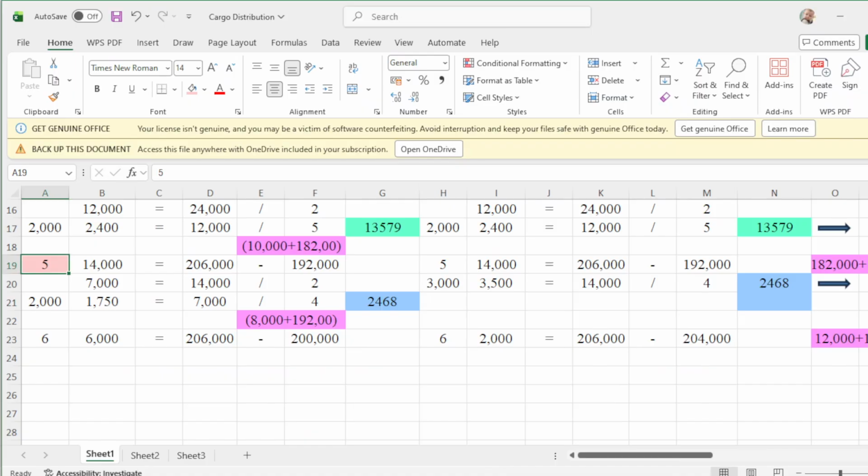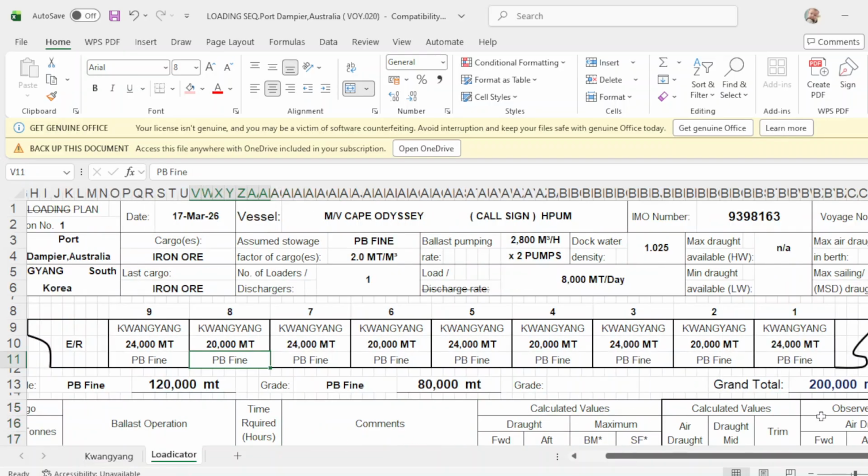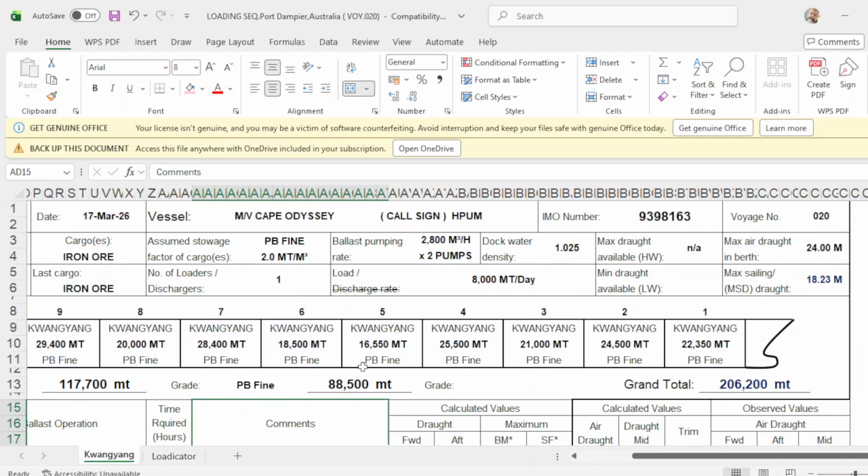Now take note, guys. In hold number 5, the cargo is only 6,550.